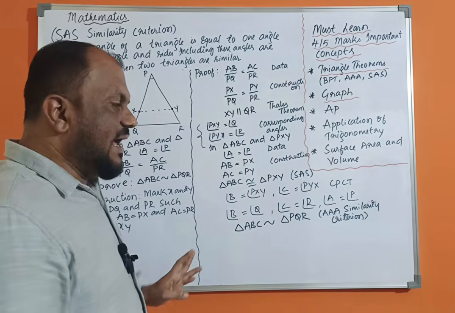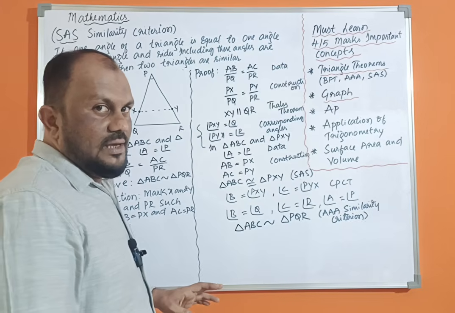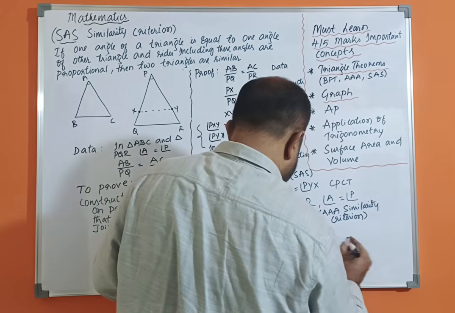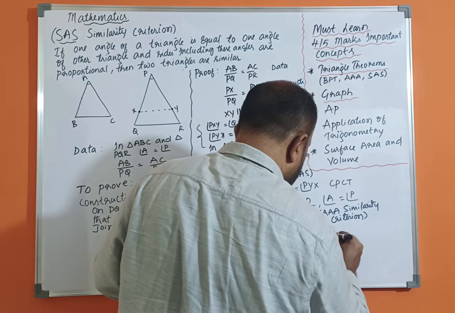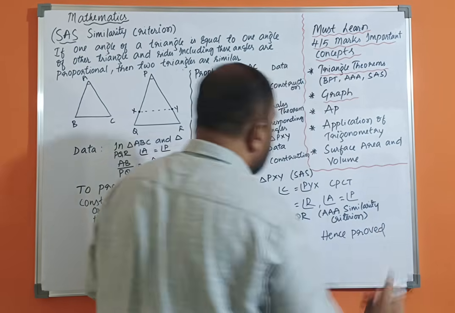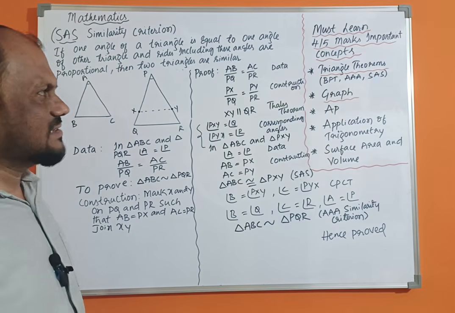So we prove that all the three angles are equal. The triangle becomes equiangular and the equiangular triangles are similar. So now, hence proved.